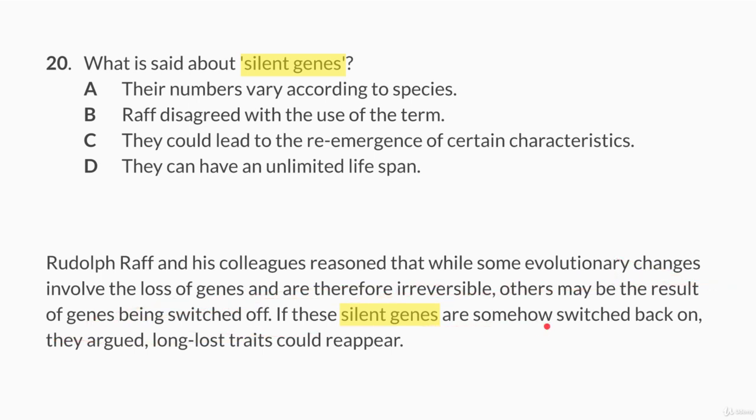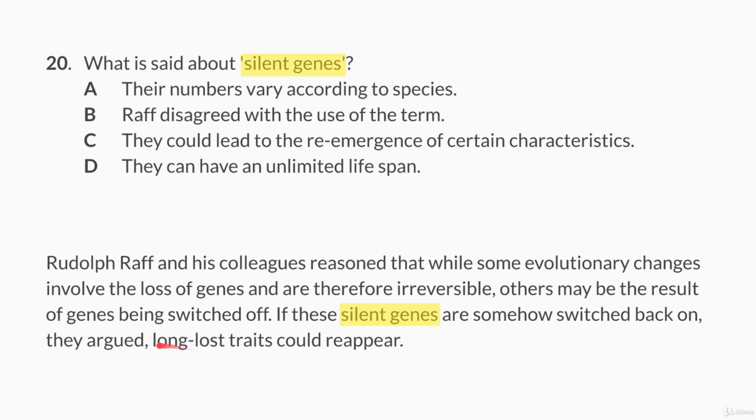And let's see, what else? I see something about long lost traits that can reappear. Long lost traits. This right here is synonym language for re-emergence of certain characteristics. Re-emergence means to reappear, to come back.